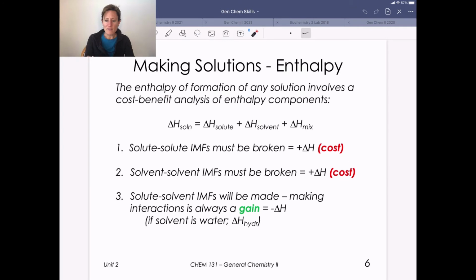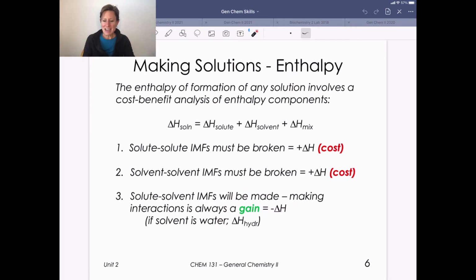So that's what we have here in sort of this enthalpy equation. This is sort of like Hess's law where we're adding up enthalpies. The delta H for the overall process has to do with the cost of breaking solute-solute interactions, the cost of breaking solvent-solvent interactions, and then the gain that we have when we form those new interactions.